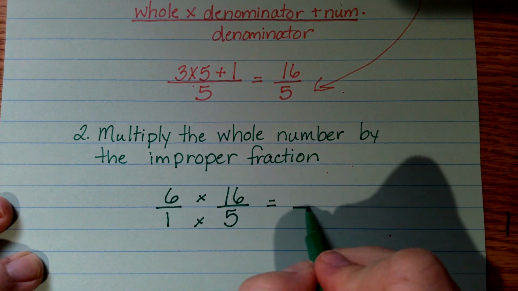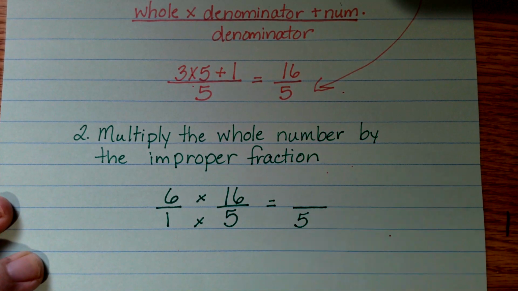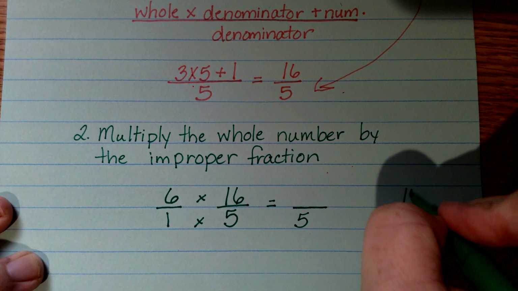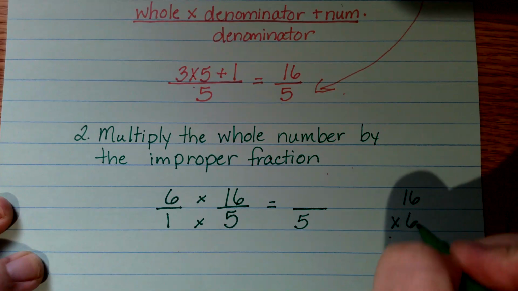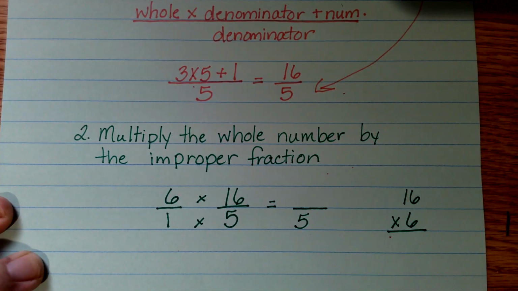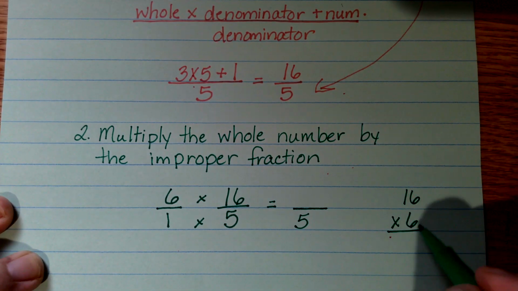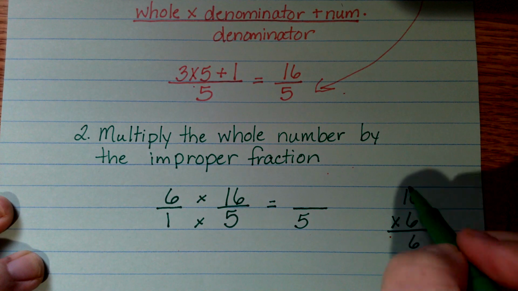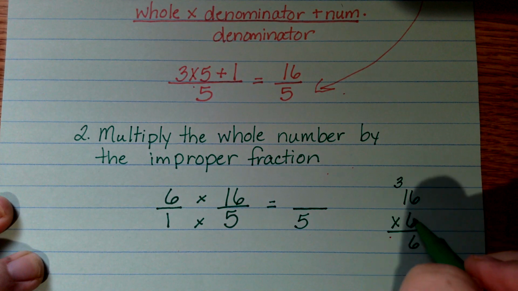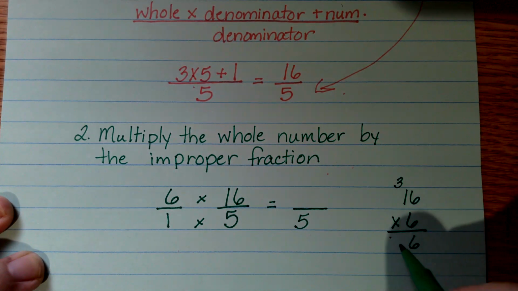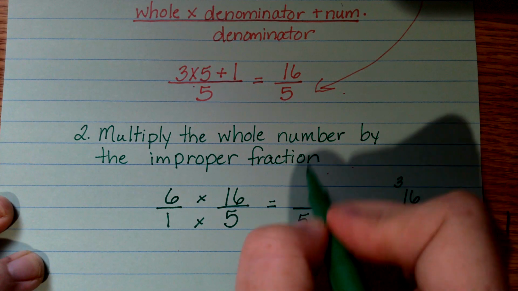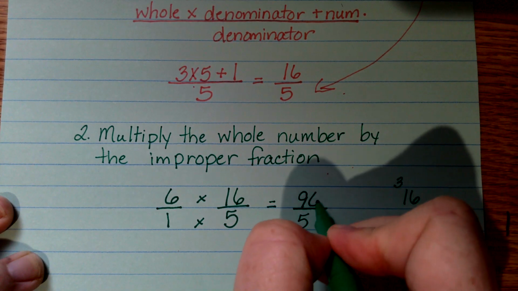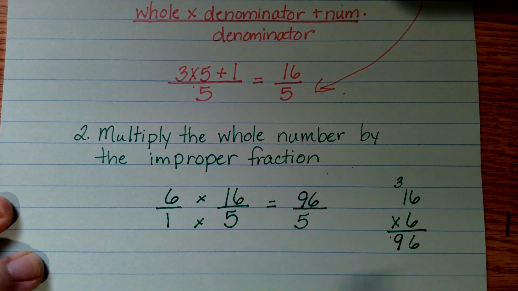So we know that our denominator is going to remain 5, and then we have to do 16 times 6. I like to do mine vertically, and so 6 times 6 is 36. Carry the 3. 6 times 1 is 6, plus 3 is 9. So I put 96/5.